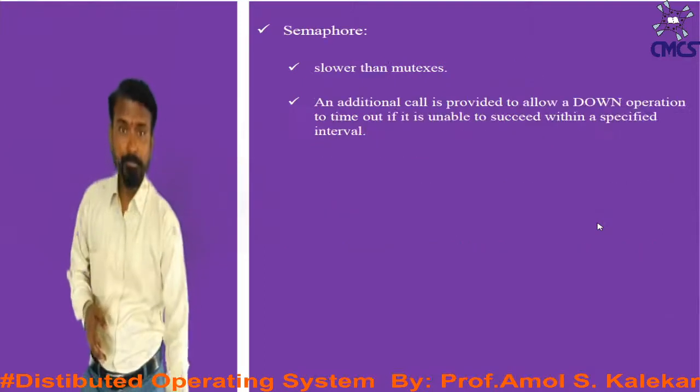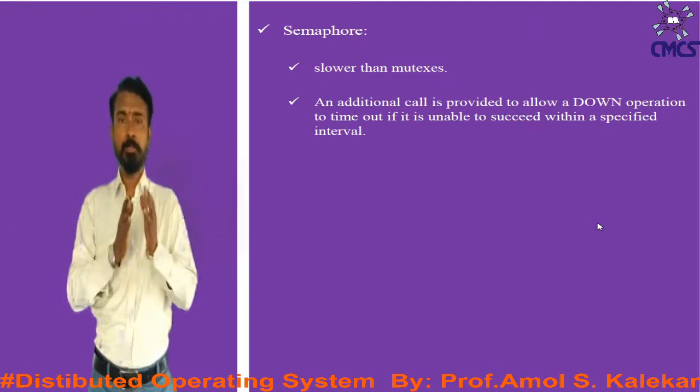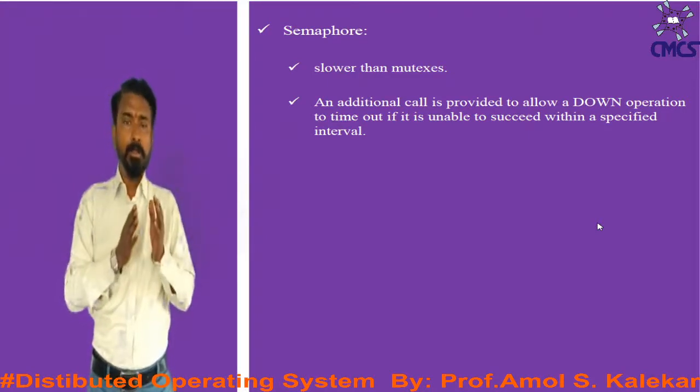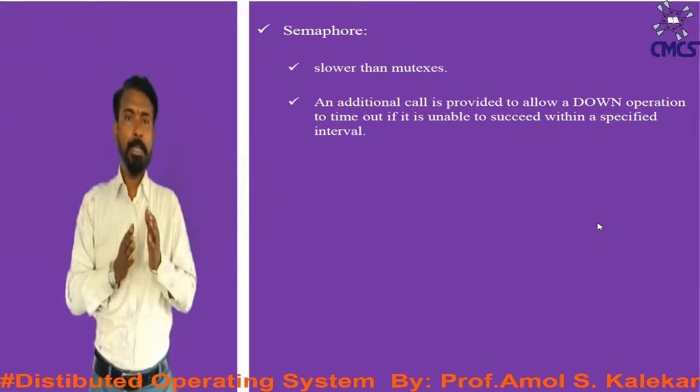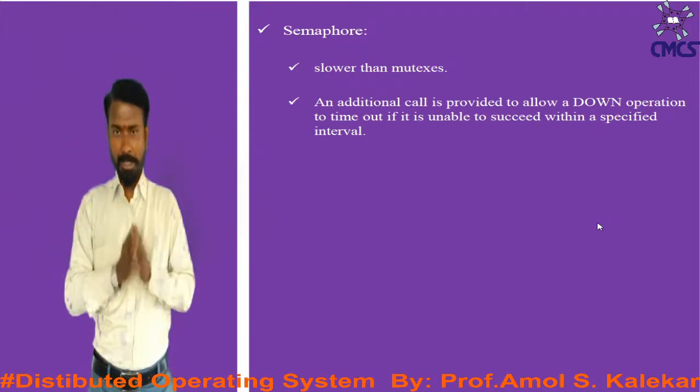And finally, we have the semaphores. They are just slower than the mutexes. In addition, a call is provided to allow a down operation to time out if it is unable to succeed within a specified interval.